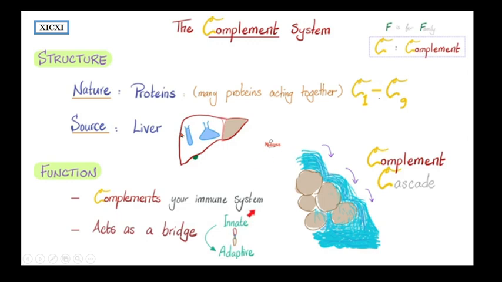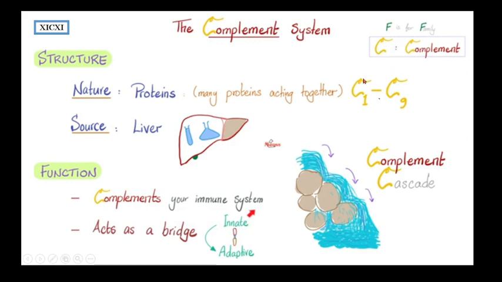Usually the complement system is made of proteins. These proteins are synthesized in the liver, which means that when you have liver damage, you are going to be immunocompromised. The proteins in the complement system are arranged from C1 to C9. Just as we have F for family, you have C for complement.